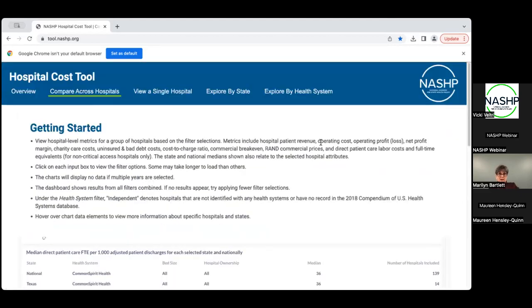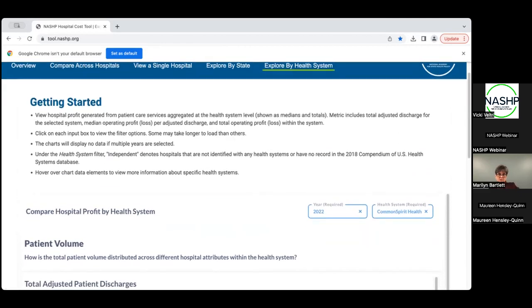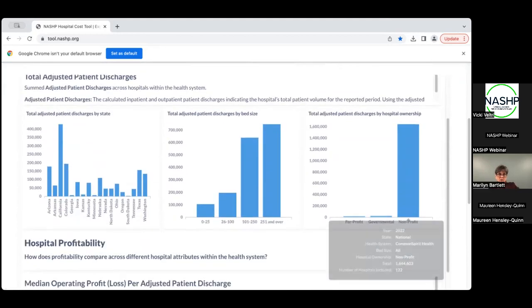Okay. The very last tab is Explore by Health System, and you can put in any year in any system. I went ahead and used Common Spirit in this point because this first one, I think it shows you the volume of business that they have in the different states. And we work with most of these states directly. So this is a system that we are familiar with.